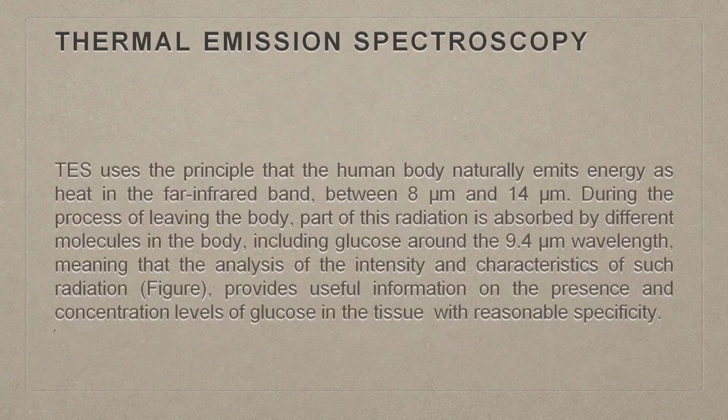Okay. Now, next we move to another form of spectroscopy, which is called thermal emission spectroscopy. So, we all are aware of the fact that the metabolic activities in our body generate heat or heat radiation. So, while our body generates a heat signature, it is a cumulative of all the reactions taking place.